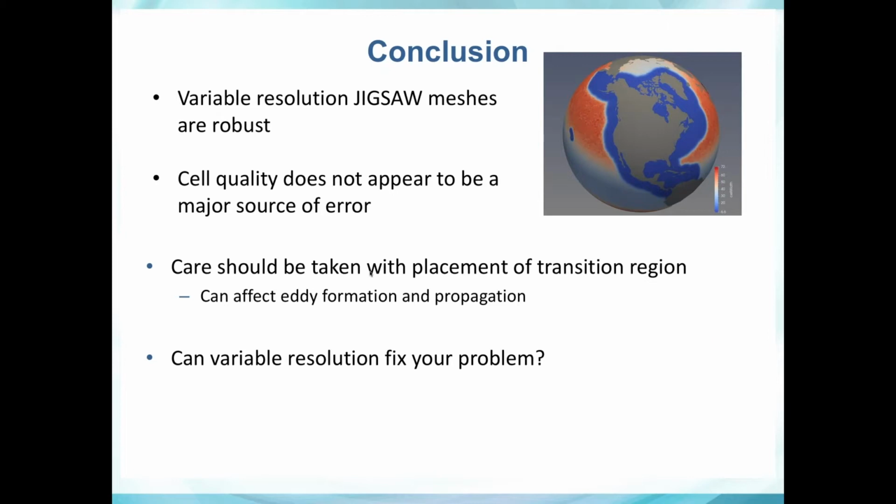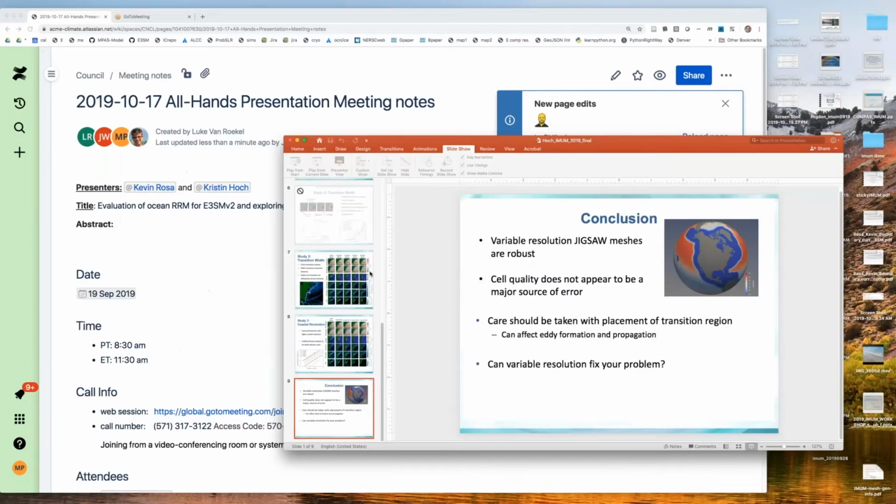So, for example, paying attention to atmospheric effects or forcing issues is also really important. So I think going forward, these variable resolution meshes are a really good tool, but one that we should use cautiously and be aware of the potential issues with them. So I'll turn it over to Kevin Rosa, and I'll take questions at the end after he speaks.